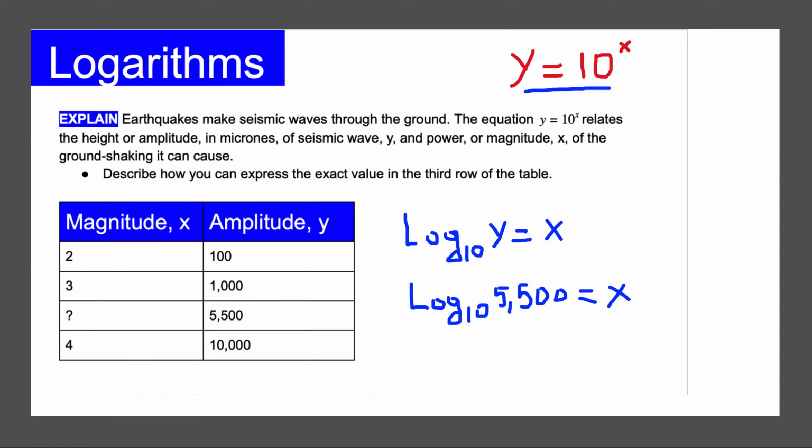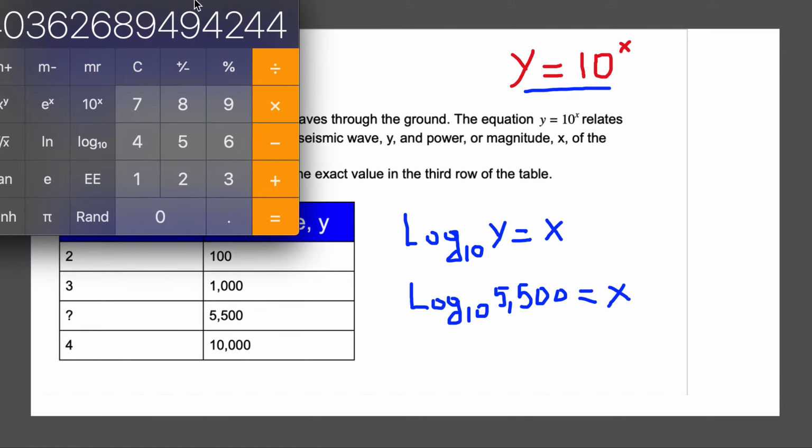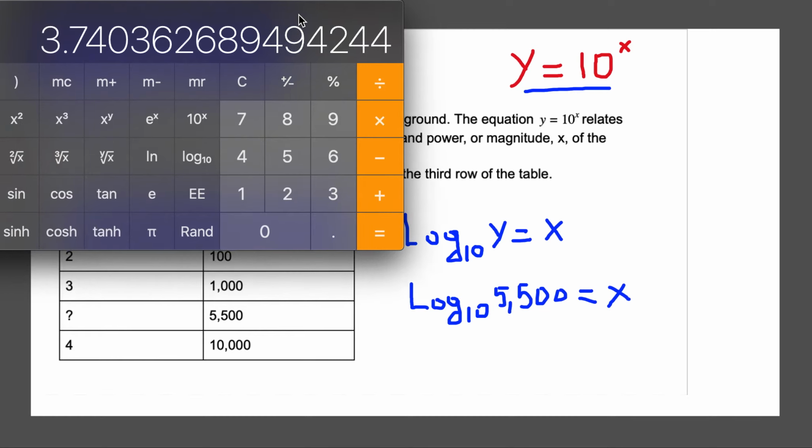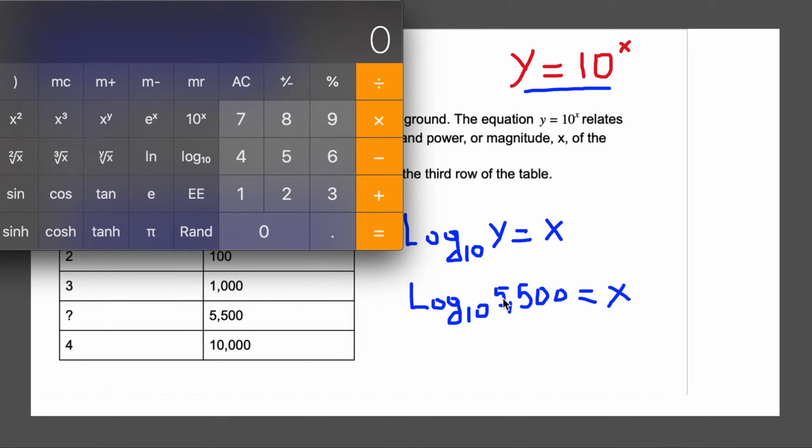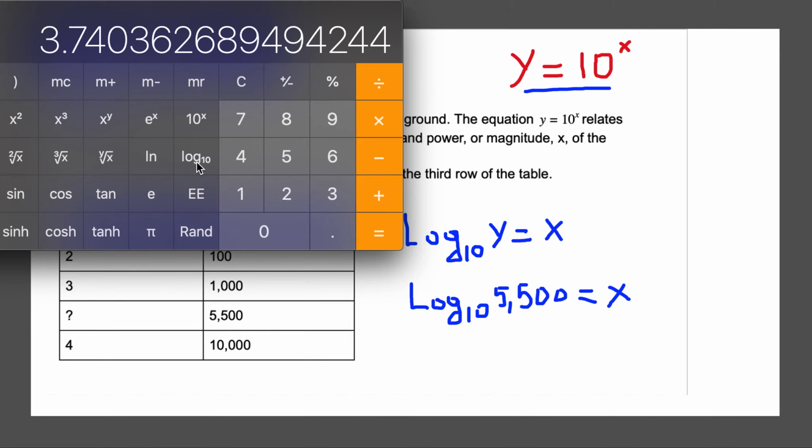Now we can go to a calculator. Here the amplitude, or y, is equal to 5500. We write 5,500. And here we have a log base 10. So we touch log base 10, which gives 3.74.